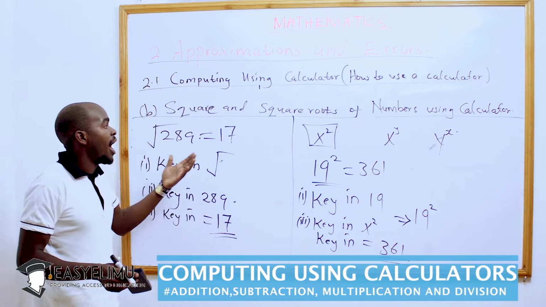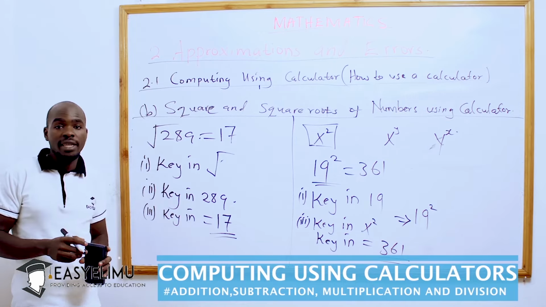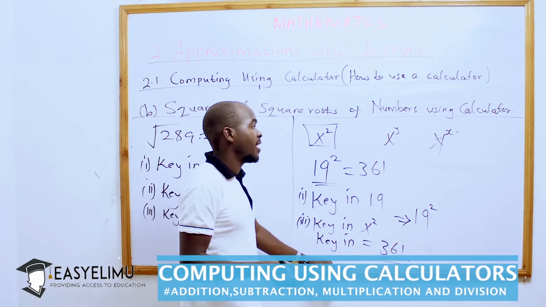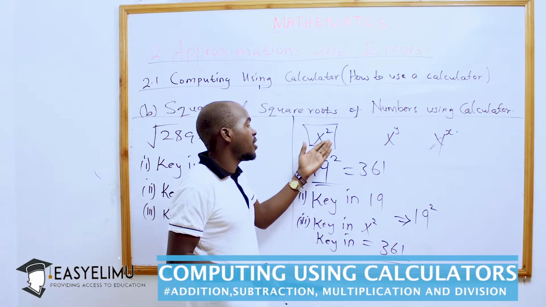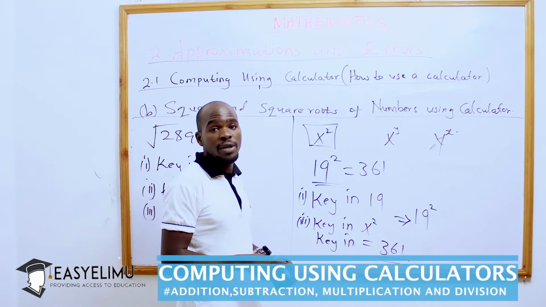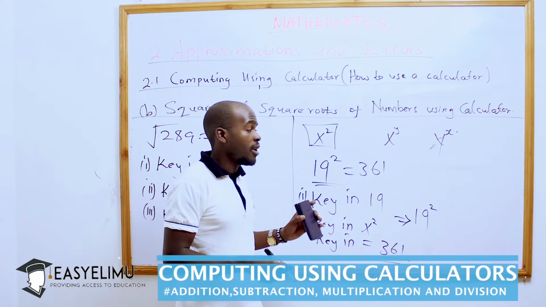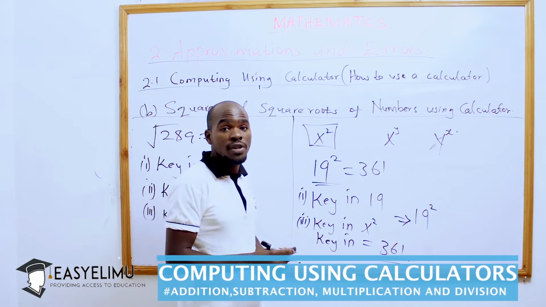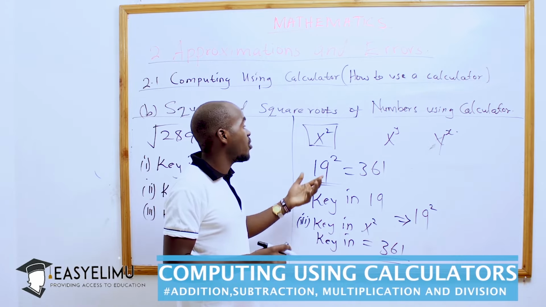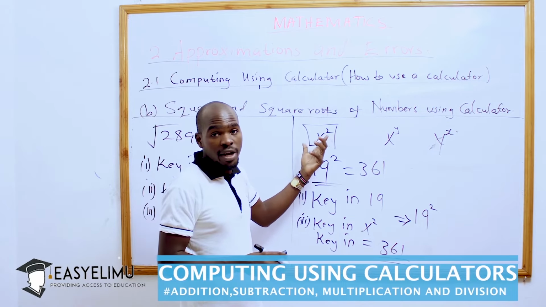We have seen how you can find the square root of any given number using a calculator, and also the square of any given number. You can press this one or this one depending on the model of calculator you are using, but most schools, especially those following the Kenya Institute of Curriculum Development, require the FX82MS, so they will have the same or similar x squared key.